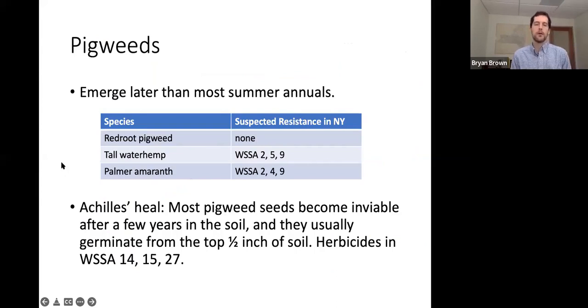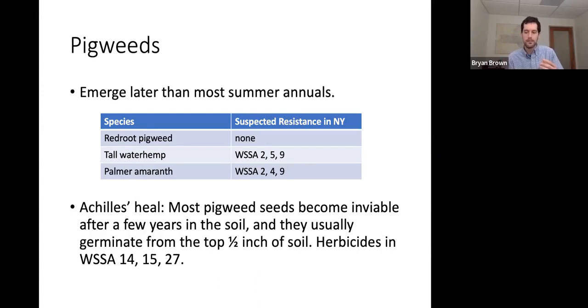And so now I'll go over the management. For all of these pigweeds, they generally emerge a little bit later and in more of a protracted, drawn out pattern than most of our other summer annuals. And that's part of what makes them problematic. They're emerging halfway through or towards the end of the season, so they're maybe only getting a little bit of that residual herbicide.